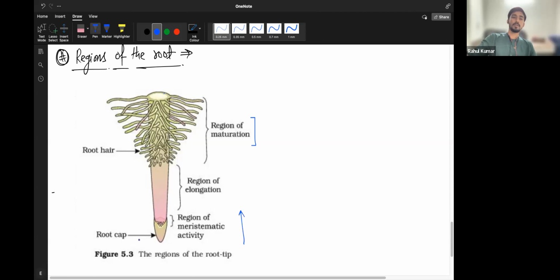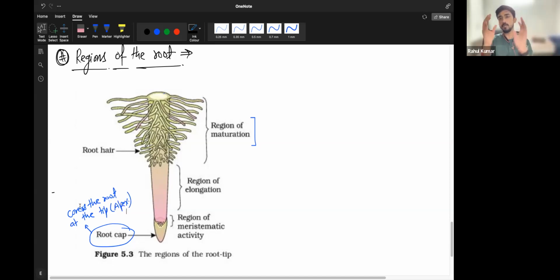Let's go this way up. At the very top is a root cap. Can you see this root cap here? Now this root cap, write down, it covers the root at the tip, also known as the apex.